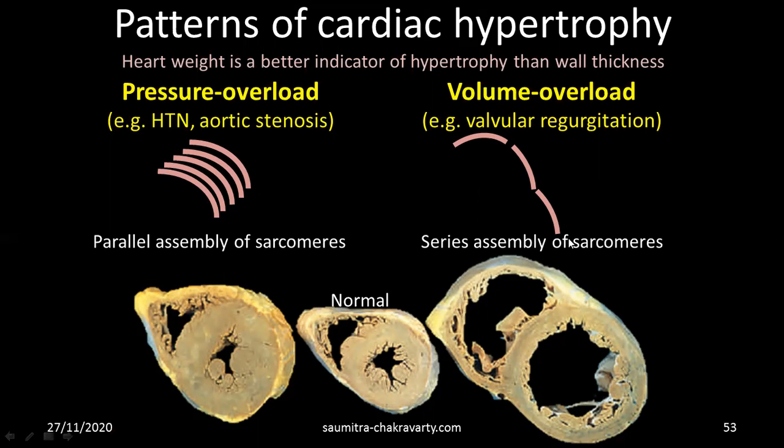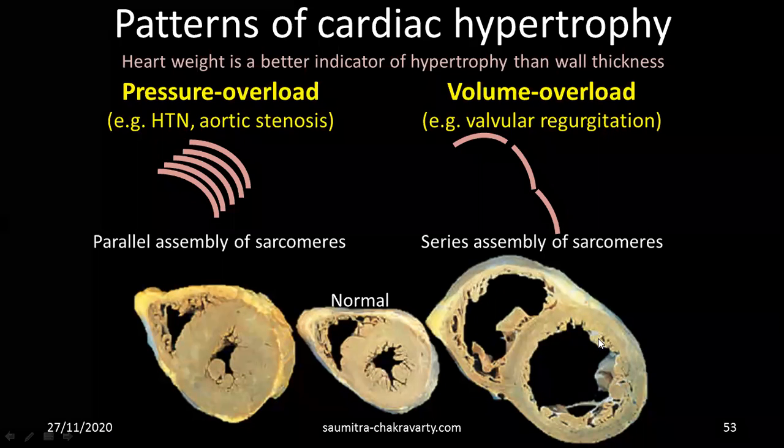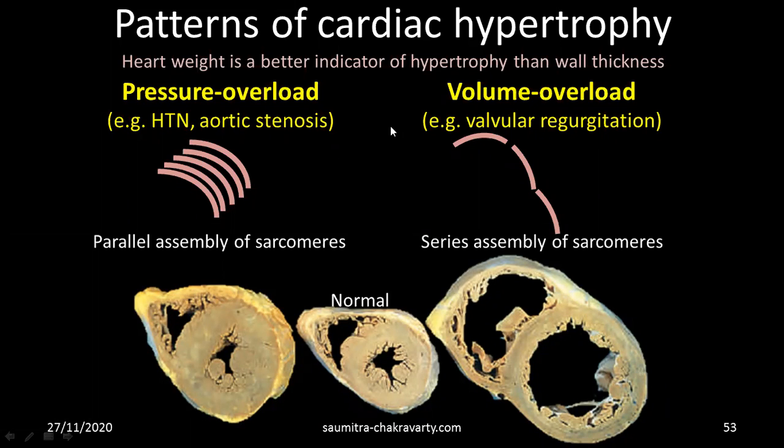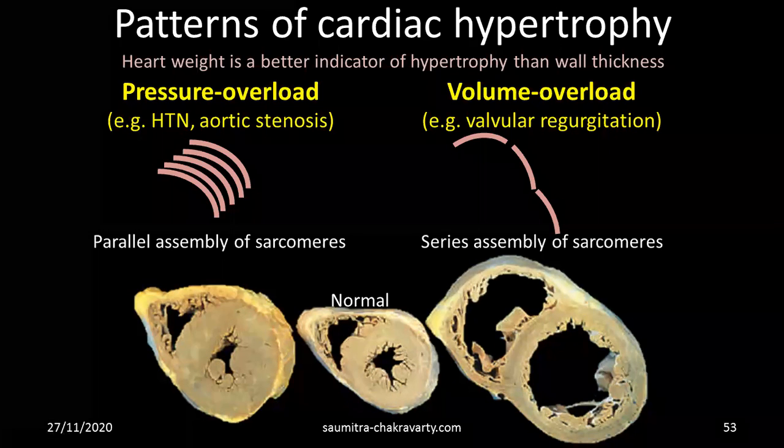It's called a series assembly. It doesn't cause the wall thickness to increase, but it causes a bigger chamber. So heart weight is a better indicator of hypertrophy than wall thickness, because in volume overload, wall thickness does not increase, but overall cardiac mass is increased. There are radiological ways to measure that. You are going to do that in the future if the investigative technology comes here.